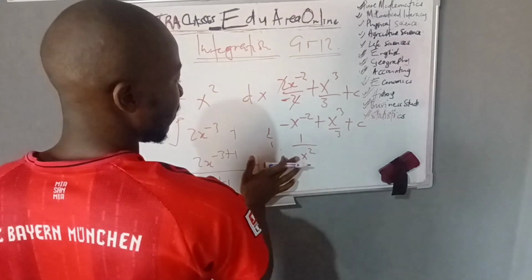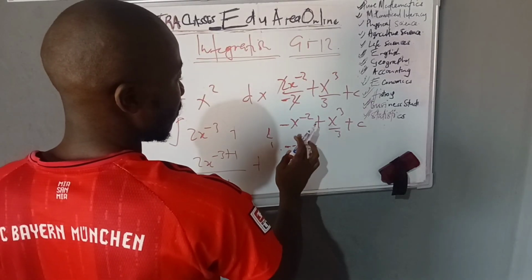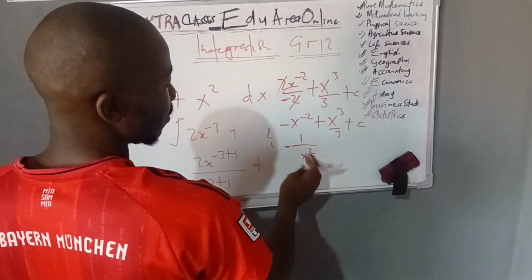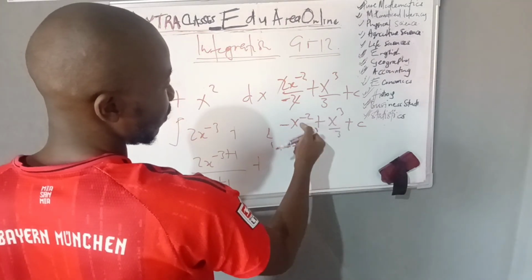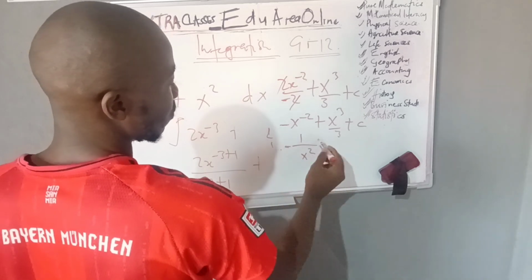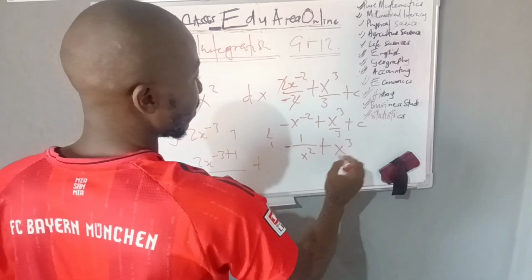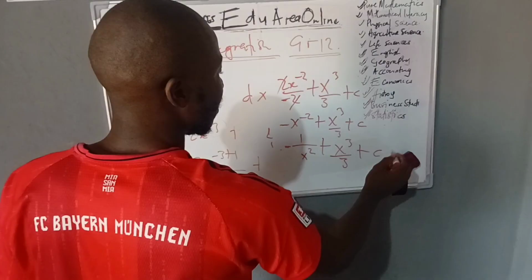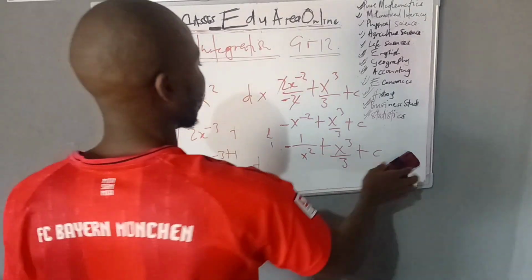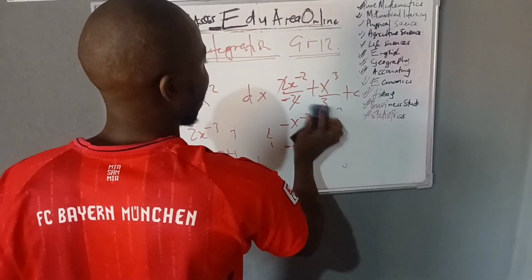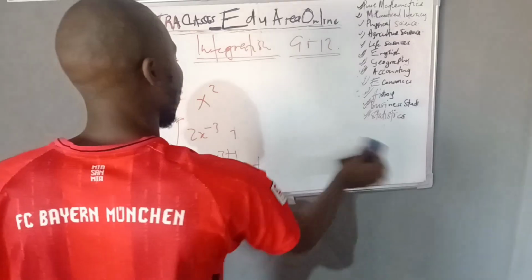So let me put the negative here, minus 1 over x squared, so that it becomes minus 1 over x squared plus x to the power 3 over 3 plus c, our new integral. Right, so this is another example.